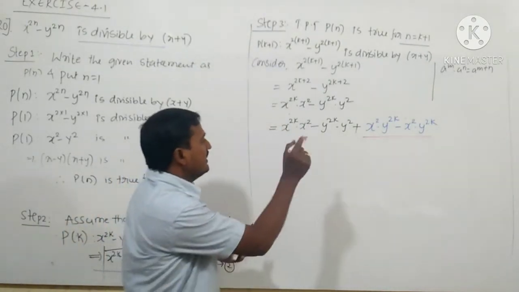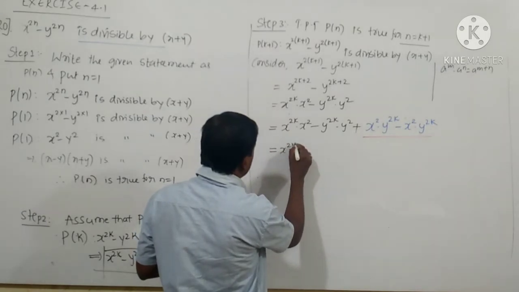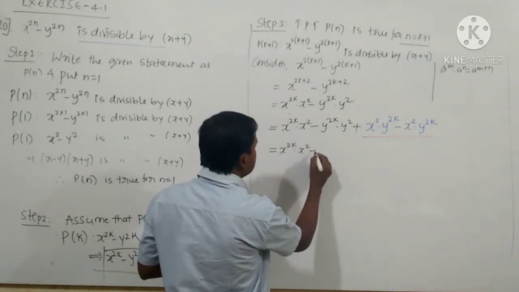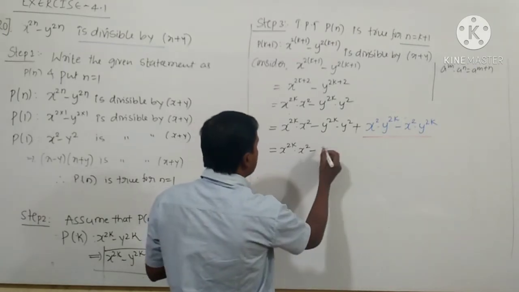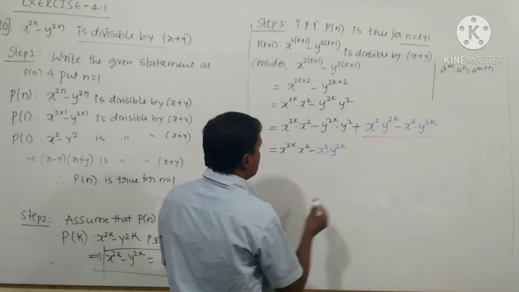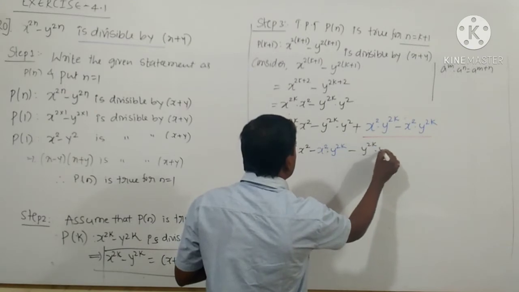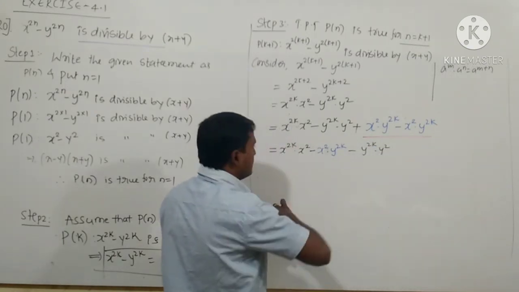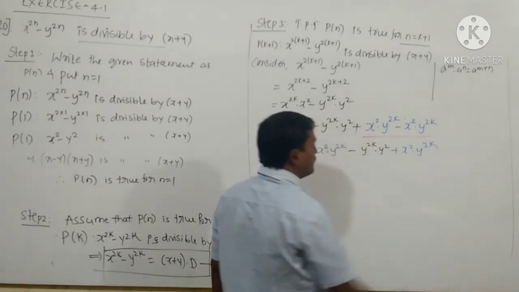Okay, again I will rearrange this one like this, so check whether it is right or wrong. Minus of x square into y to the power 2k, minus y raised to 2k into y square, and here I will write plus x square into y to the power 2k.